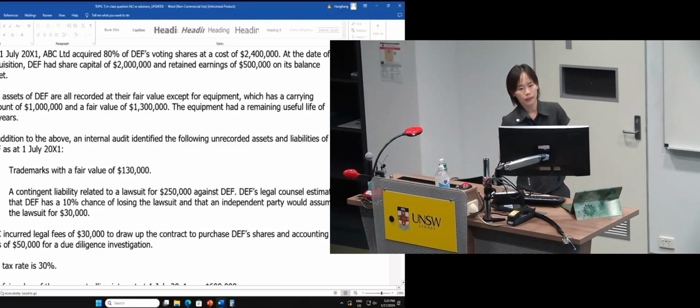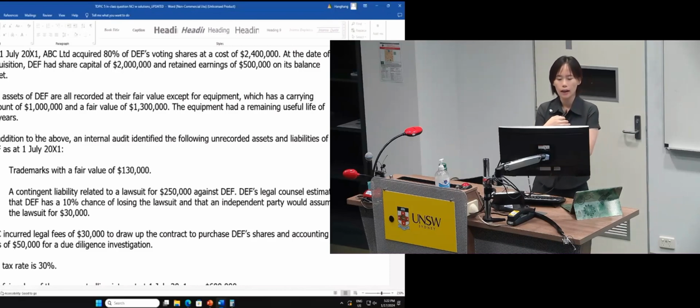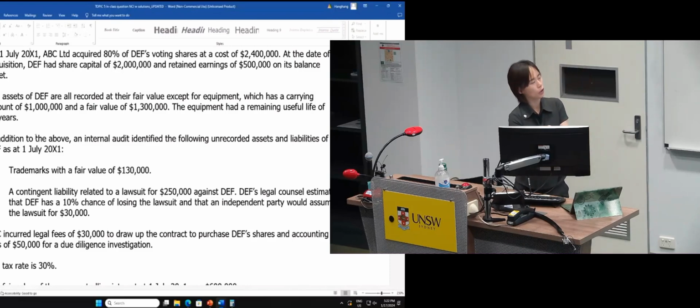Okay. Now the parent entity paid 2.4 million to acquire 80% shares of DEF. And on the acquisition date, DEF has a share capital balance of 2 million, retained earnings of 500,000. So you can see the book value of DEF's net assets on the acquisition date is 2.5 million.